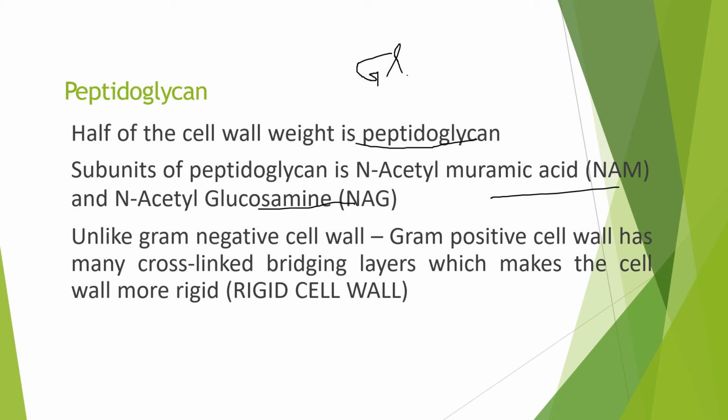There is a video on my channel, you can go and check it out. Unlike the gram negative cell wall, the gram positive cell wall has many cross-linking bridges or layers, which makes the cell more rigid, causing a rigid cell wall. So here you can see gram positive has a strong cell wall, which helps in escaping all the adverse environments.